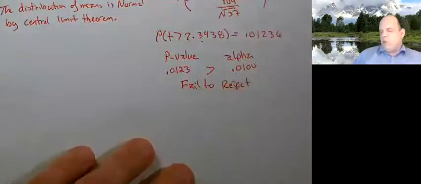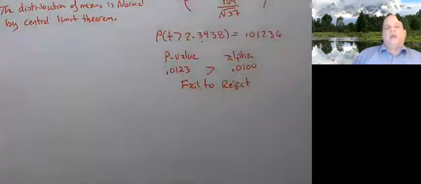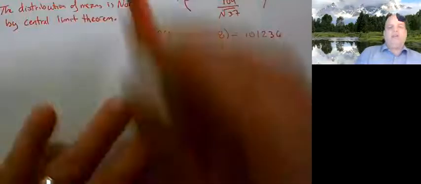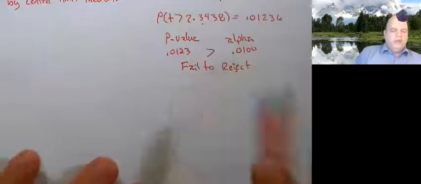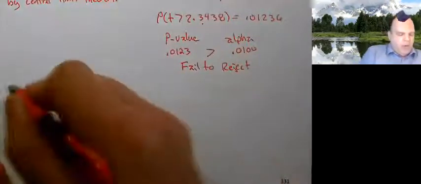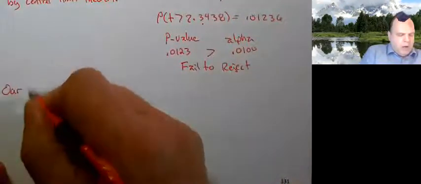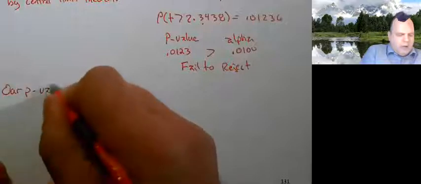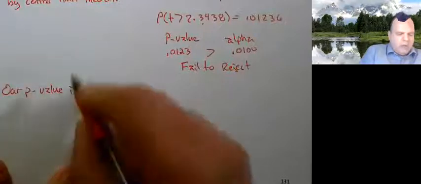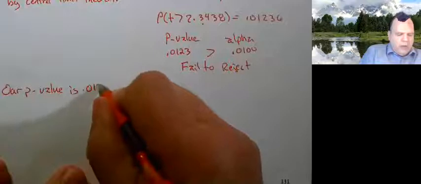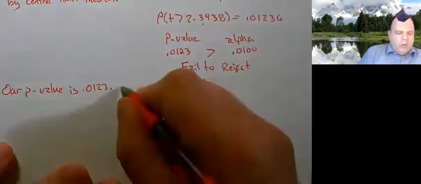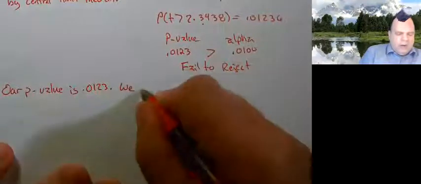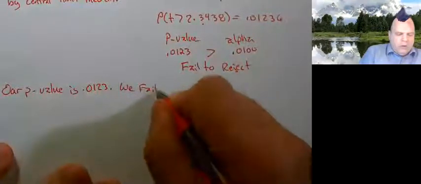All right, so now we have to write our conclusion, and we're going to use that same template, and everything we've used up above is going to help us with that. So first off, our p-value, what was it? Our p-value is 0.0123. What was our decision? We fail to reject.